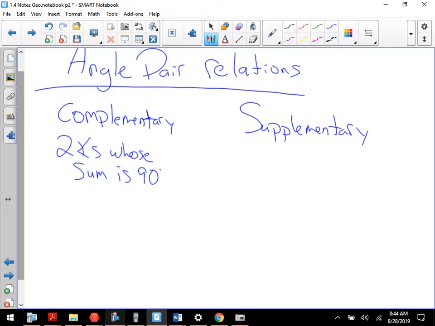And then supplementary angles are two angles whose sum is 180. When you have complementary and supplementary, they don't need to be next to each other. What I mean is they don't need to be adjacent.